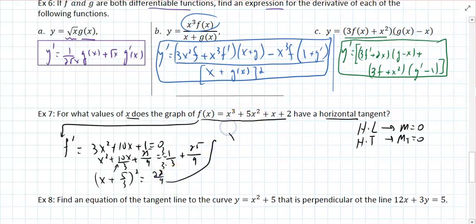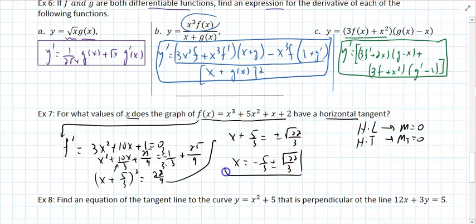If I square root both sides, x would be negative 5/3 plus or minus the square root of 22 over 3. You could use the quadratic formula, of course, if you wish. That gives you the same results.